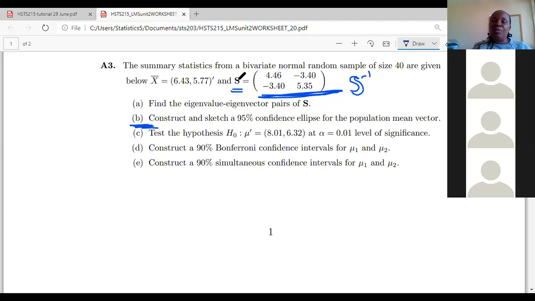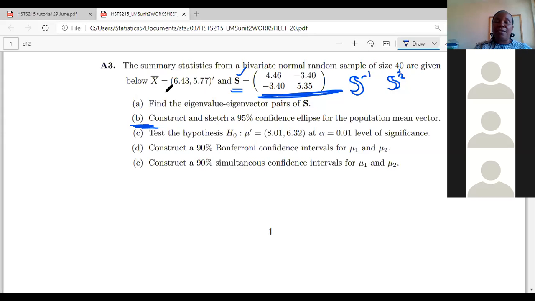We know the relationship between the eigenvalues of S and S to the half, that is the square root matrix. You know the relationship between the eigenvalues of S and S to the minus half, right? It depends on how you define this. If you want to directly take S inverse and then get your eigenvalues or eigenvectors, then it's something else. But usually the standard way is to find the eigenvalues and eigenvectors of S.